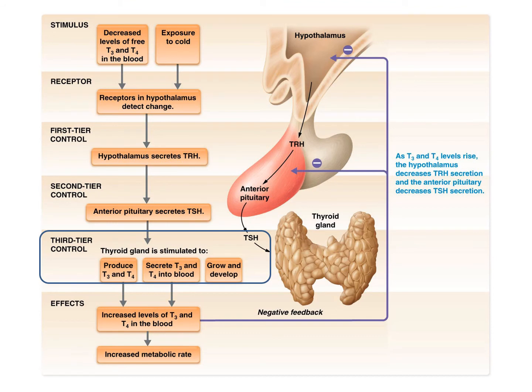And so here are the major effects of the thyroid response to TSH: make more T3 and T4, secrete T3 and T4 in the blood, and growth and development of the thyroid gland.